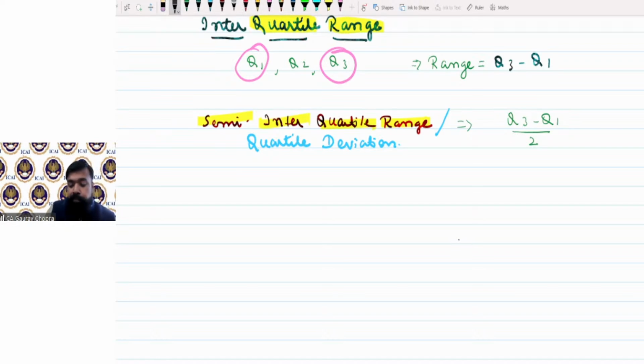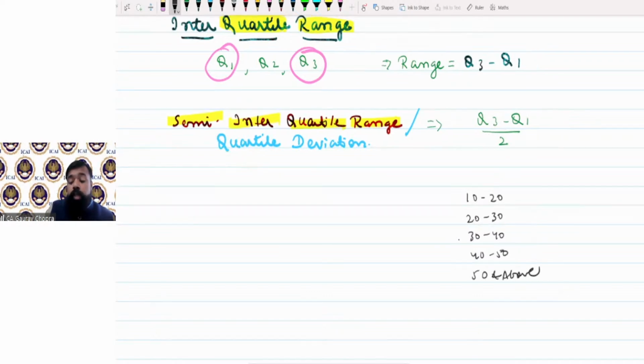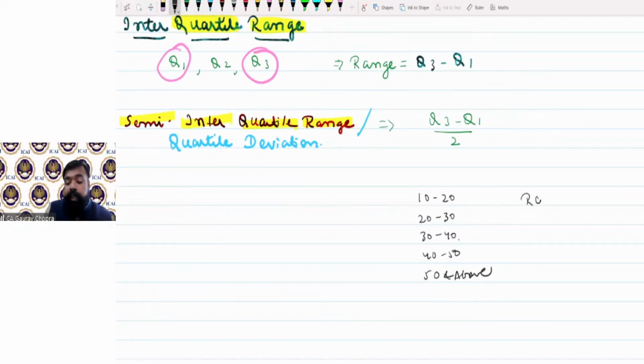Let's say the series is 10 to 20, 20 to 30, 30 to 40, 40 to 50, and then it is written 50 and above. Now, if you have to calculate the range, then you require the upper limit. Since the upper limit is not defined, you have to take the assumption that all the classes have the same gap of 10.